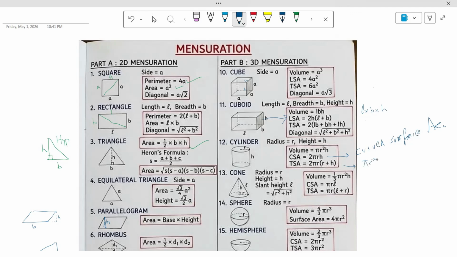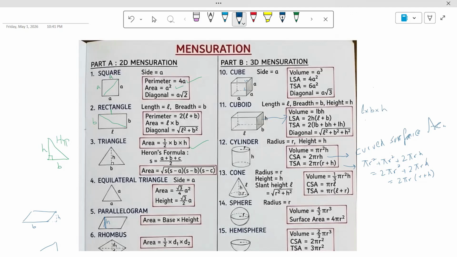Pi r square as the top circle, pi r square as the bottom circle, and 2 pi r h as the curved one. Means total surface area of a closed cylinder can be 2 pi r square plus 2 pi r h. And here what they have done, they have taken 2 pi r common, so you are left with r plus h.